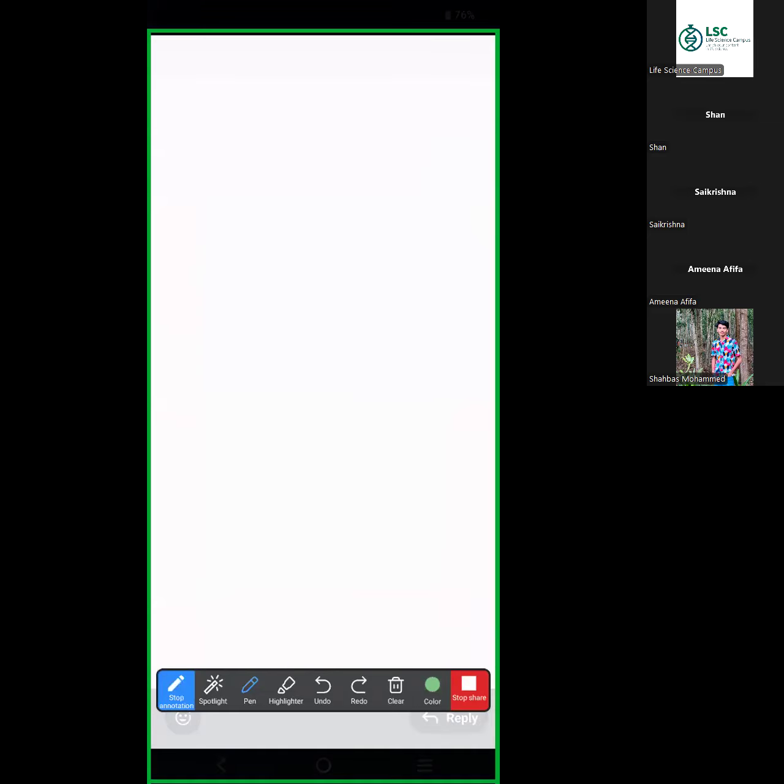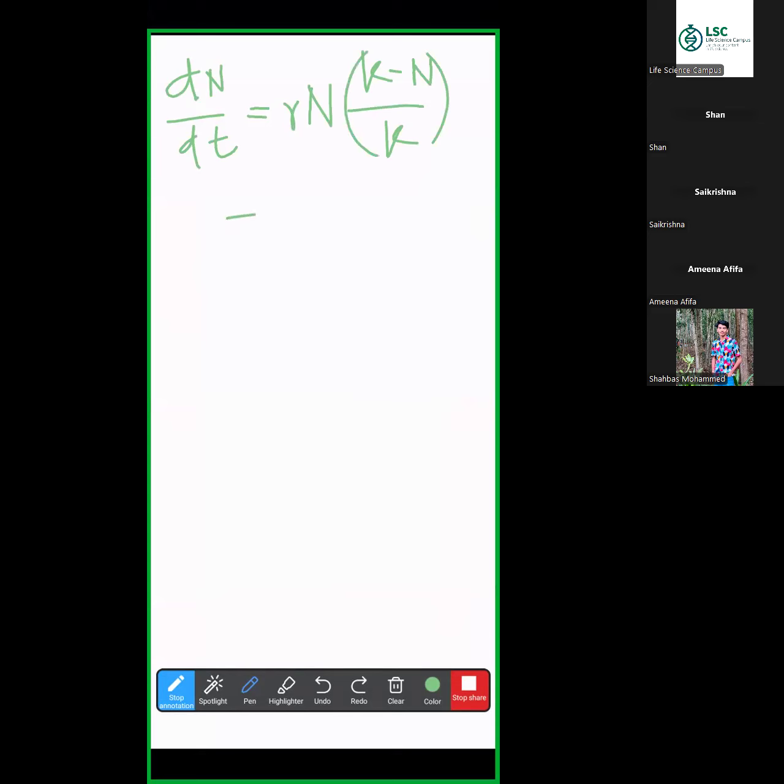So we have dN by dt is equal to RN into (K minus N) by K. Our R value is 0.1 into N value 500, K value 1000, (1000 minus 500) by 1000.